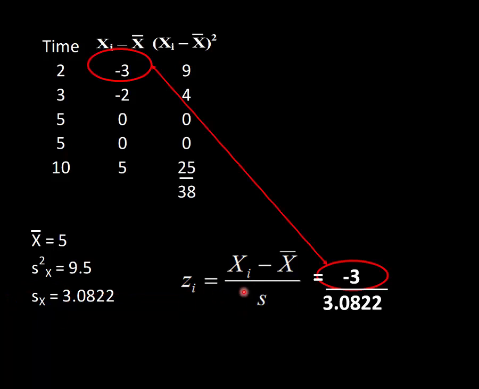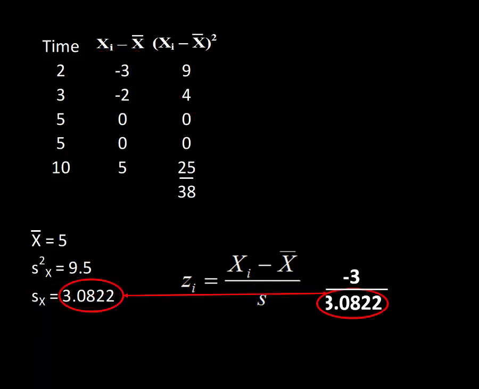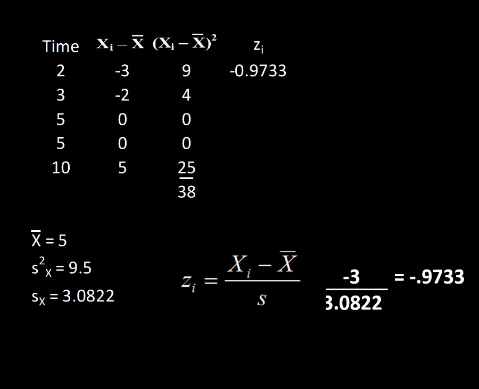So there you have the number that goes on the top. There's the number that goes on the bottom. And so this is just going to be -3 divided by 3.08, about. And so that first z-score, z sub 1, comes out to -0.9733.